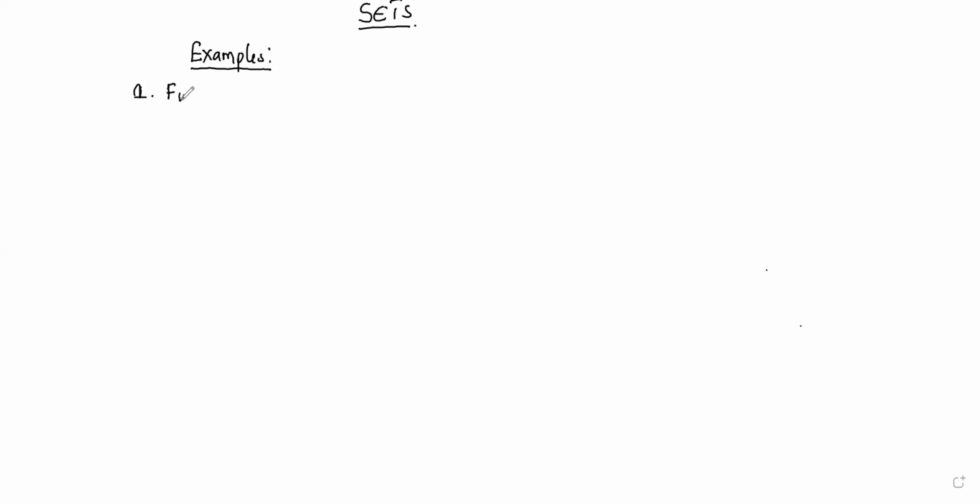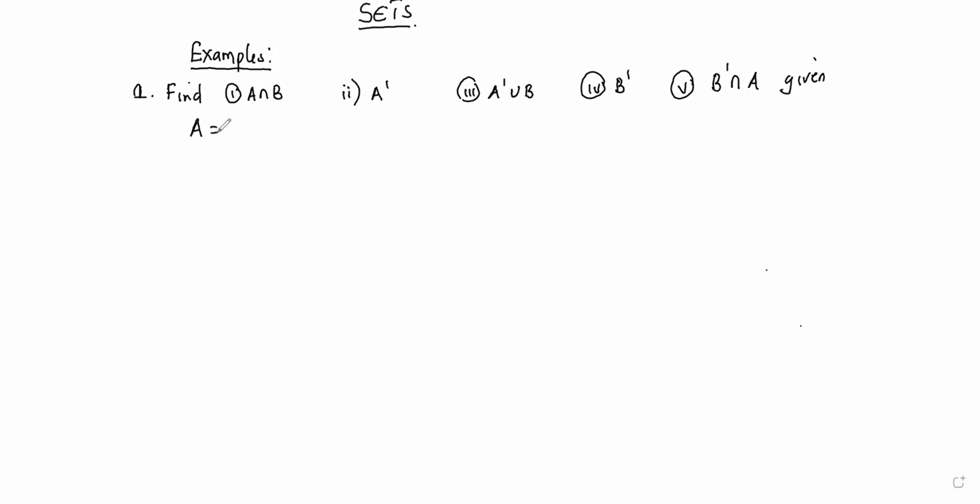One, find A intersection B, A complement union B, B complement, and B complement intersection A. Given A is equal to negative infinite, comma 4, and B is equal to negative 10, comma positive infinite.